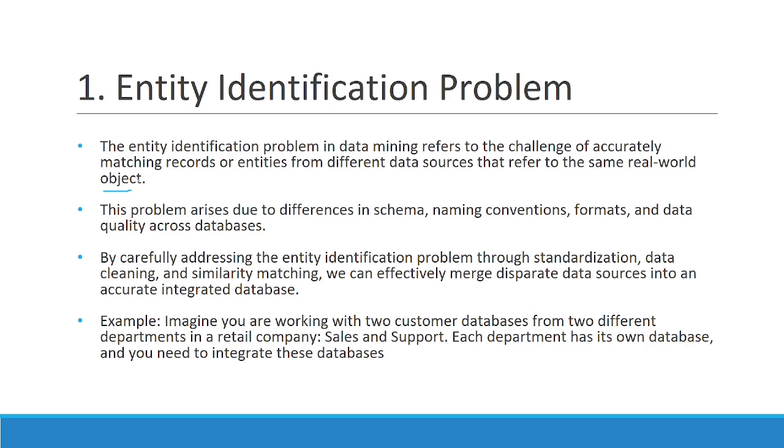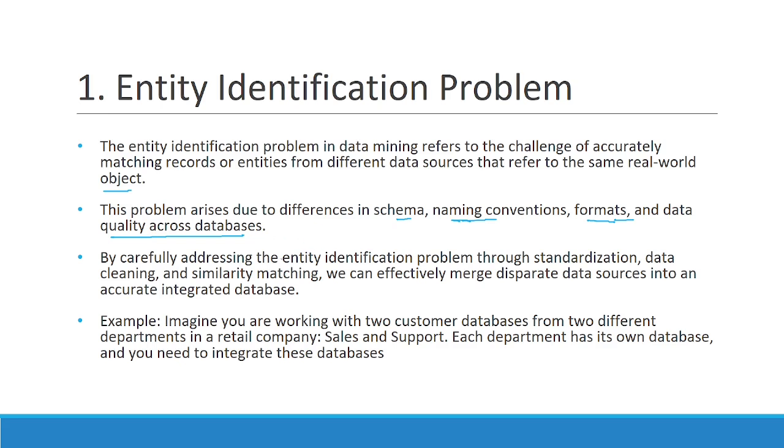Okay, and now why does this problem arise? This problem arises due to differences in schema, naming conventions, formats, and data quality across databases. Okay, because we are collecting data from various data sources, so maybe naming conventions different use कर रहे हैं, format में भी अलग अलग use कर रहे हैं, so these are the reasons due to which entity identification problem arises.